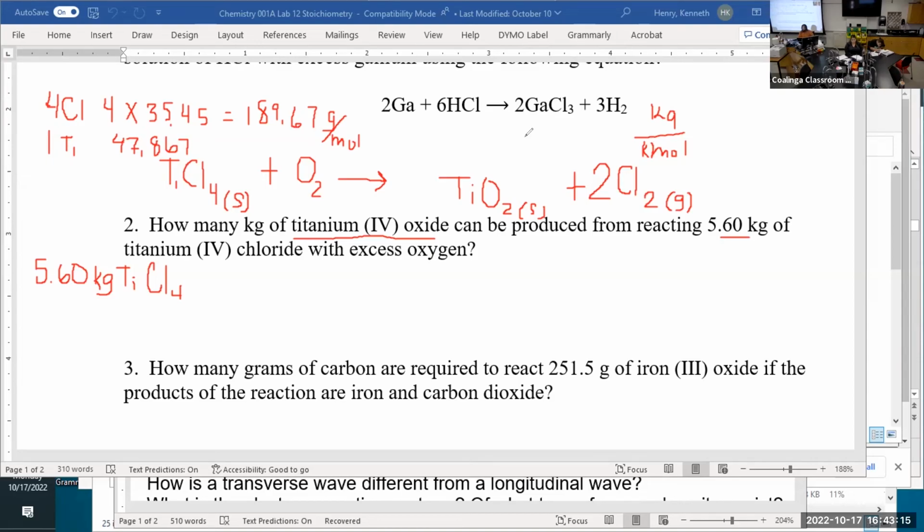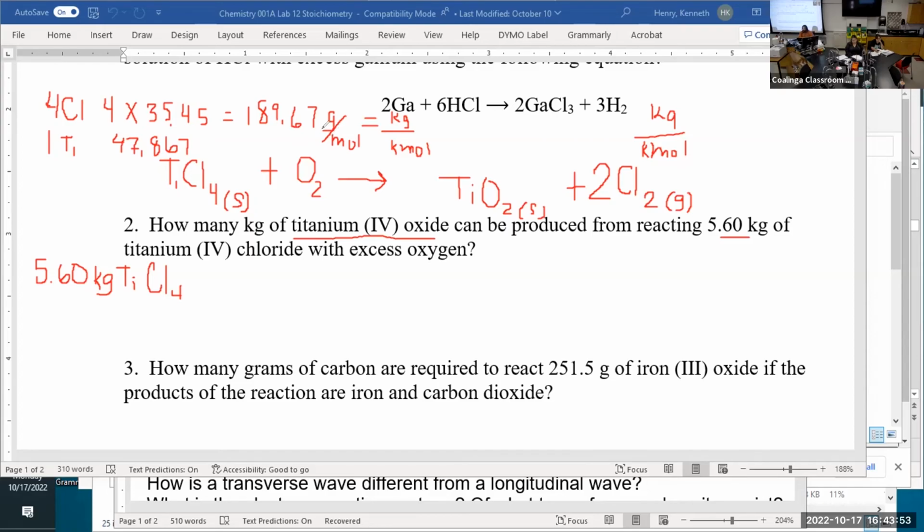So they're equivalent. As long as I keep that prefix, it's going to be exactly the same value. My grams per mole equals my kilograms per kilomole, and my milligrams per millimole will be the same as well. It doesn't matter as long as you're consistent about the prefix you're using. Does that make sense?